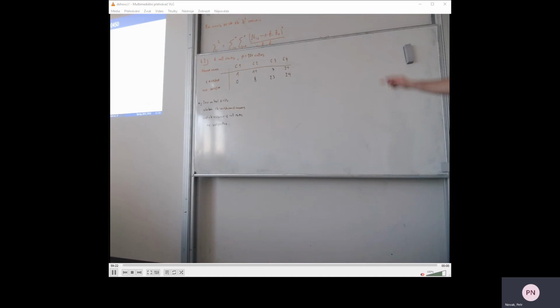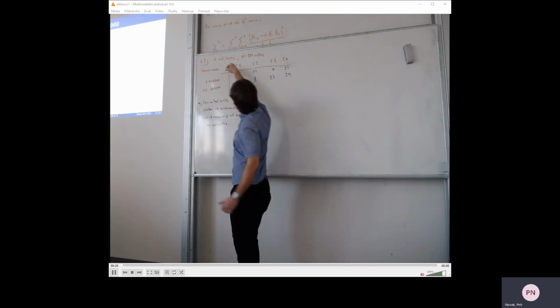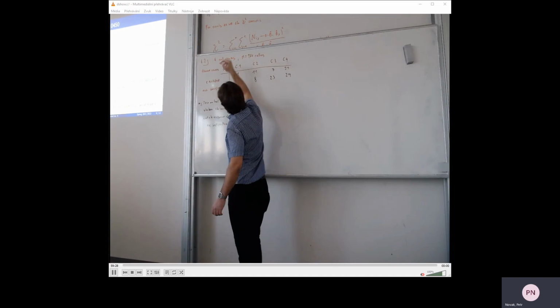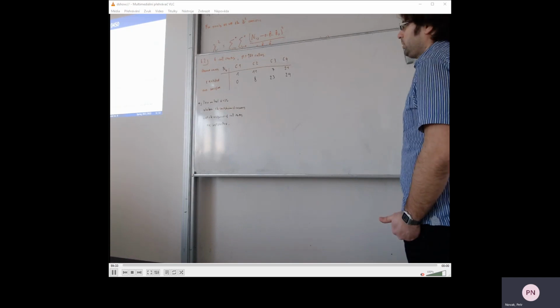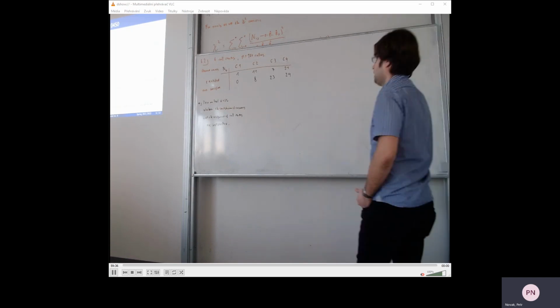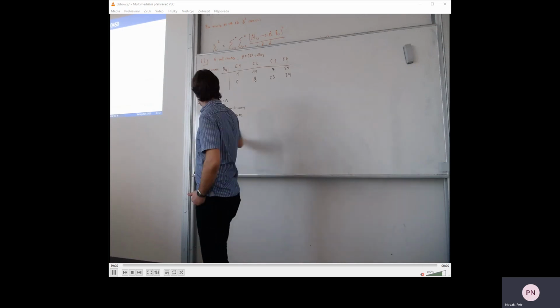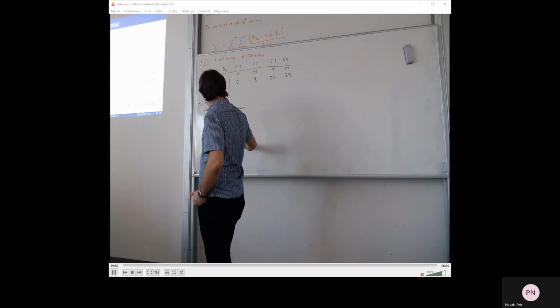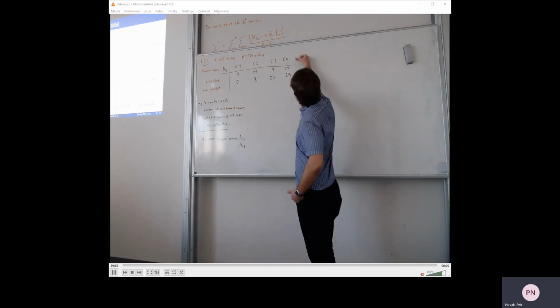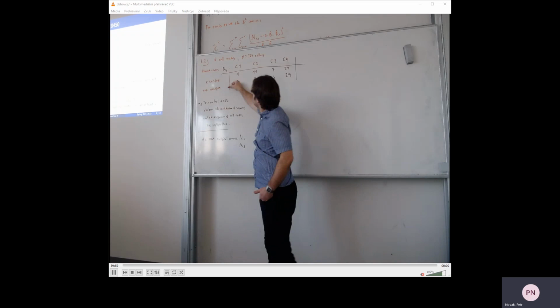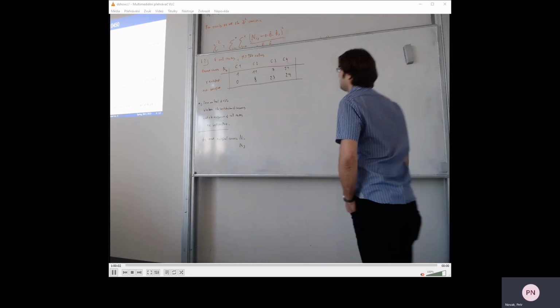Okay, so those are our observed counts n_ij. So first, we need the marginal counts n_i bullet. So we take just the row sums and the column sums.